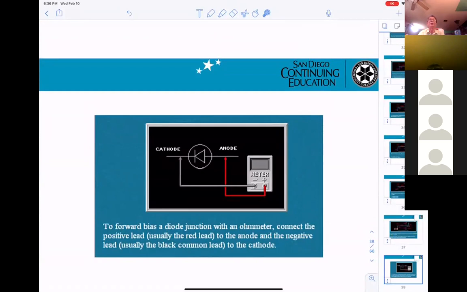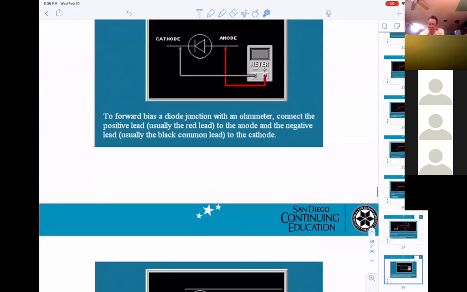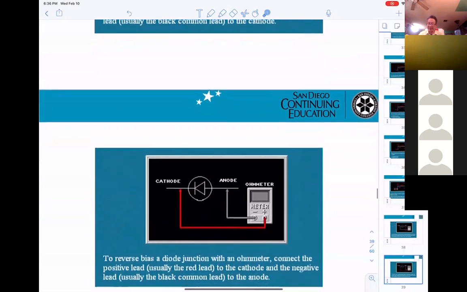If you want to test the diode to see if it is working or not, you connect positive to anode and negative to cathode. You're supposed to get around 0.5, 0.6, 0.7 volt. And now, if you connect it reversed, normally either way, you test by the resistance.